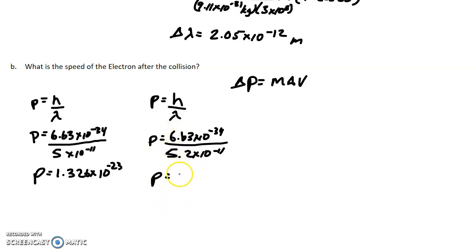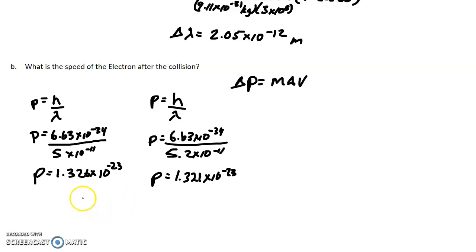Taking a look here, this is now 1.321 times 10 to the negative 23. And so we see that we have lost a little bit of momentum.